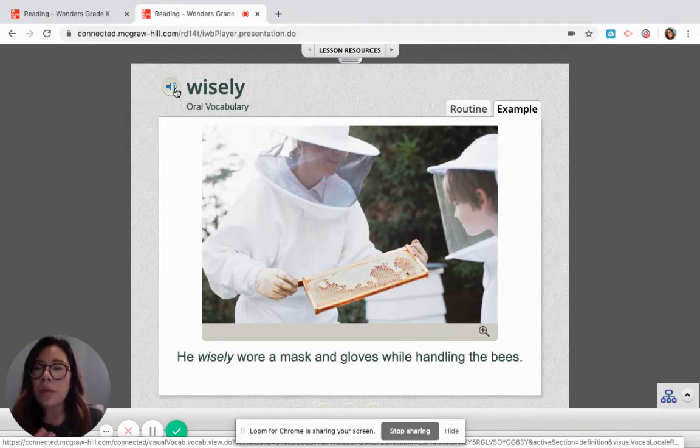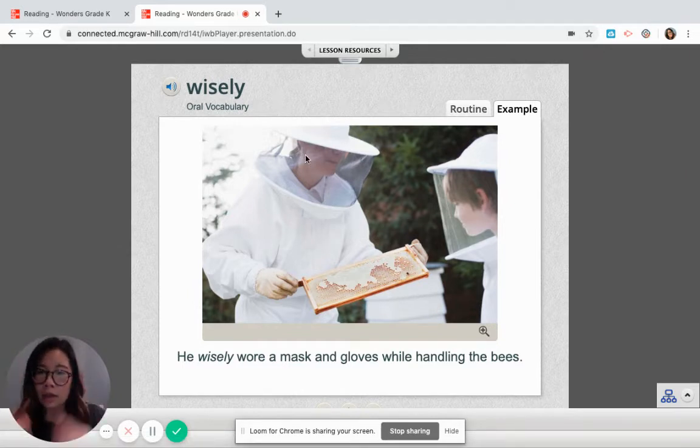So when you're being wisely, you're making a smart decision, and usually it is a decision that will help protect you. So for example, this beekeeper is wearing a mask and gloves to protect themselves from the bees. So what kind of wisely decisions can you make so that you won't get hurt?